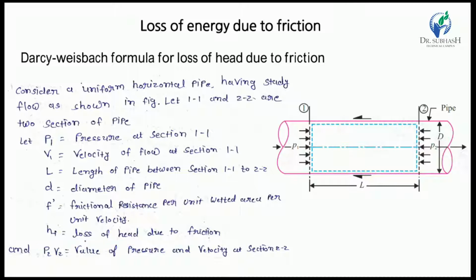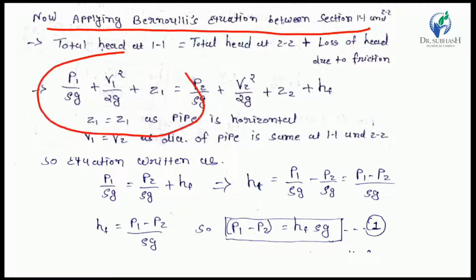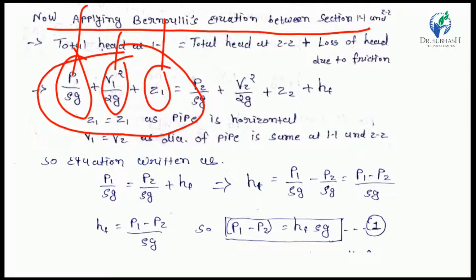Now, applying Bernoulli's equation between section 1 and section 2. We know that Bernoulli's equation has three energies: pressure energy, kinetic energy and potential energy for section 1. Similarly, these three energies for section 2.